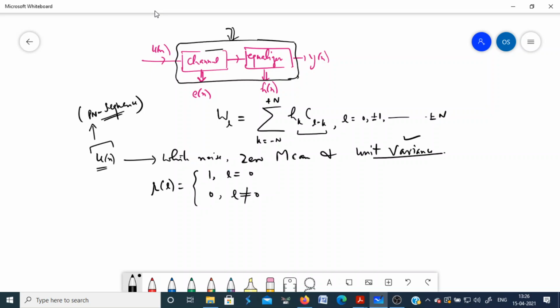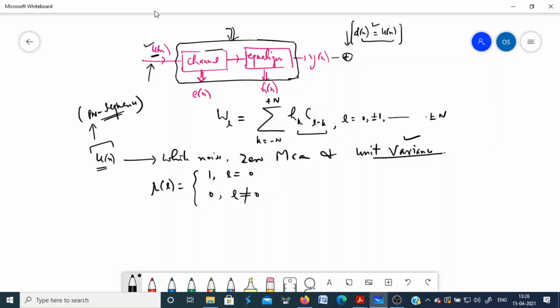So you have white noise as input to the channel, and we have said that we need a reference signal Dn, and this Dn is supposed to be equal to Un. It means at the receiver end you must have another PN sequence generator, and these two generators must be synchronized with each other, or the design of this PN sequence generator at the transmitter and the receiver must be the same, so that whatever sequence is generated at the transmitter, the same sequence is generated at the receiver.